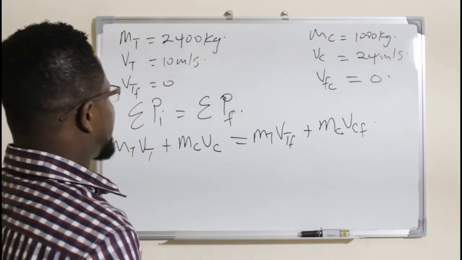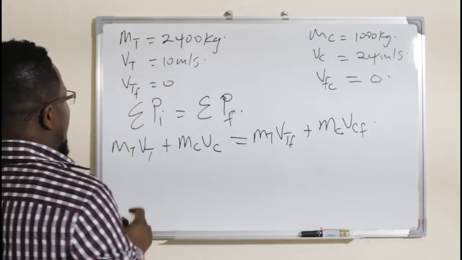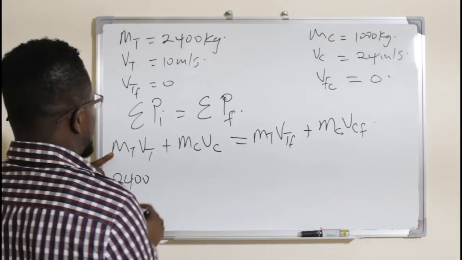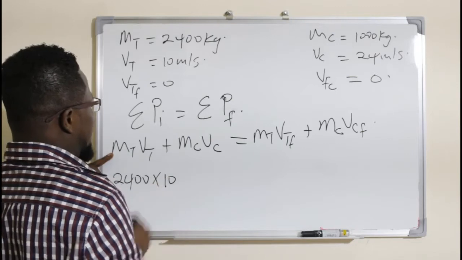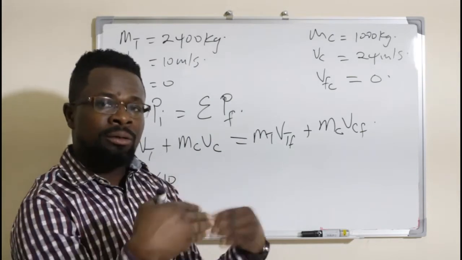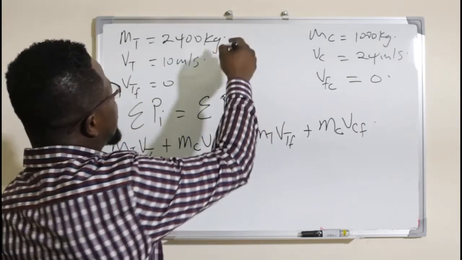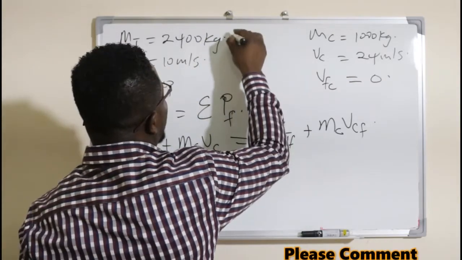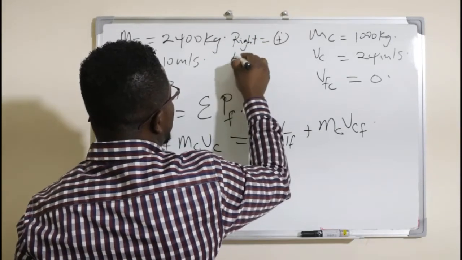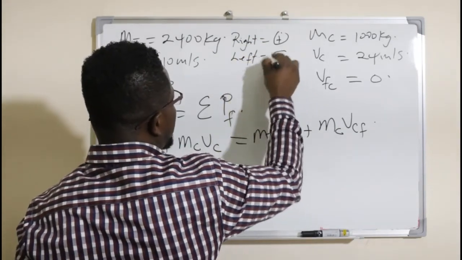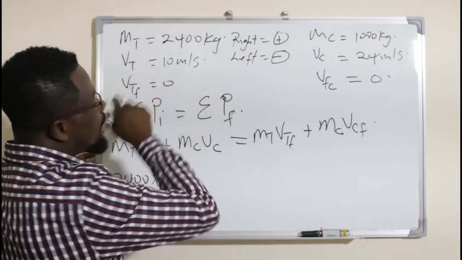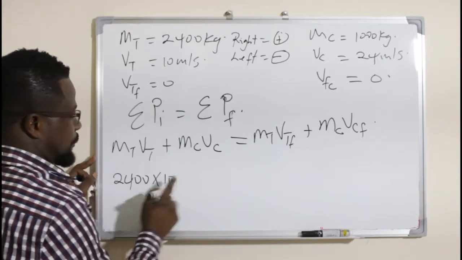And now let's do the substitutions and see. We can see the mass is now 2,400, and we're going to multiply that by 10. Now there is a head-on collision. So whatever is going to the east or to the right, let me put it that way, right is positive, and I'm going to take left to be negative. So now the velocity of this track is going to the right, so that is positive.